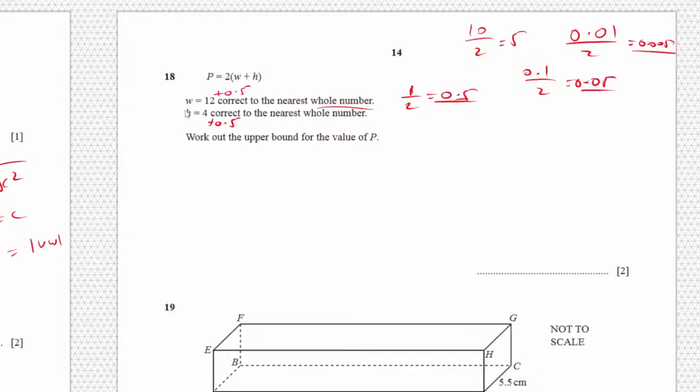To the workings, because these were the variables that were rounded, not P. So first you have to round it up and then find the value of P. P equals 2 times 12.5, that is W, plus H, which is 4.5. I'll put that in my calculator. 2 times 12.5 plus 4.5 gives me 34.